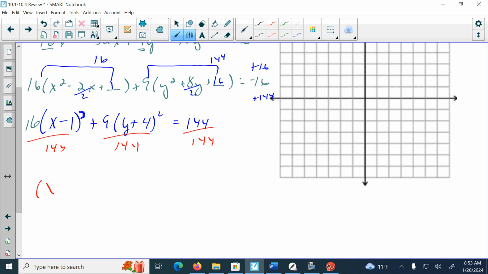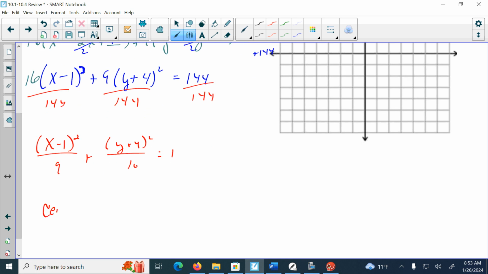And I'm going to end up with x minus 1 squared over 9 plus y plus 4 squared over 16 is equal to 1. So going very quickly, the center is going to be 1, -4. The major vertices are going to be based off this 16, so 4.